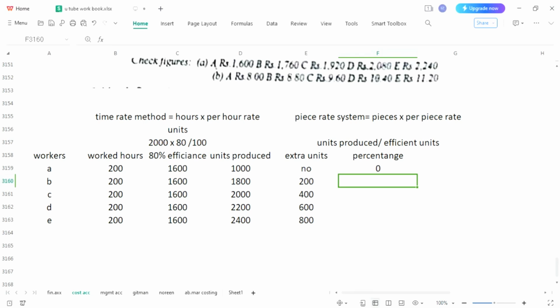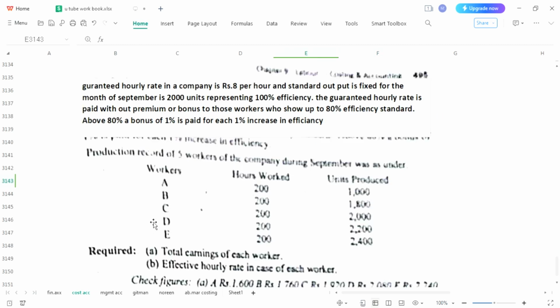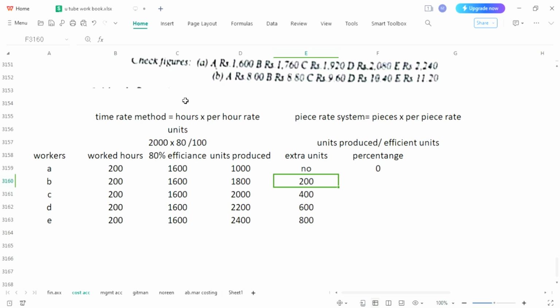So guys, we will calculate the percentage. We have 200 extra units and total units were 2000. Standard output is fixed at 2000 number of units. So you can calculate the percentage. How? You will see 200 divided by 2000 and you will multiply it by 100 to get the percentage.